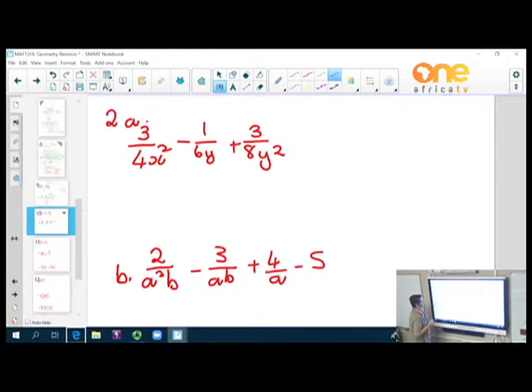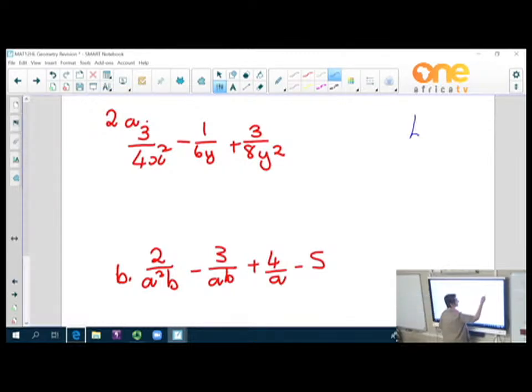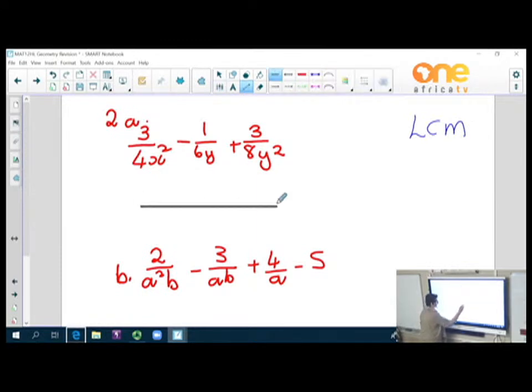Right, the next one, number 2. This time it is addition and subtraction, can you see? So now the key word is the LCM. I need to find the lowest common multiple. In this case, I need a number that 4, 6 and 8 can divide into, and that would be 24.